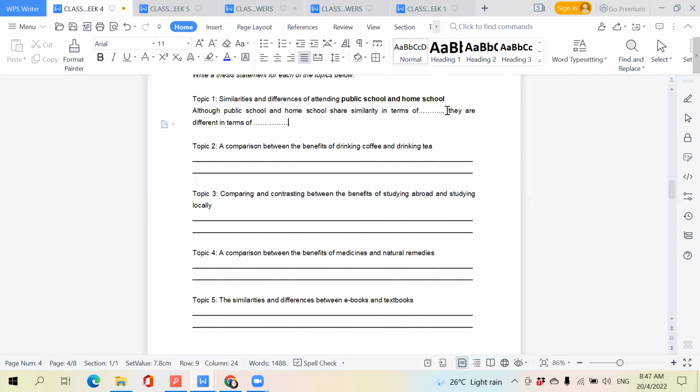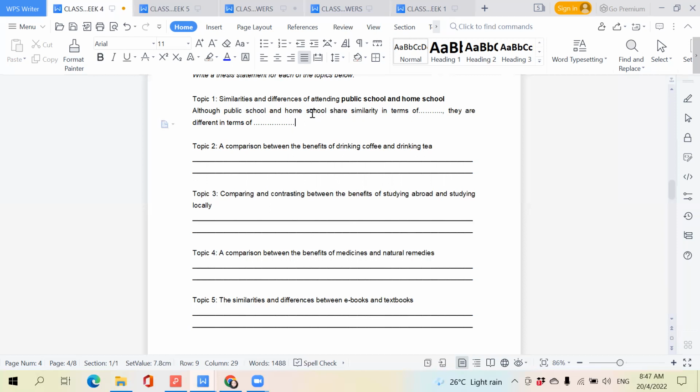So say specifically, what do you mean by they are different? What do you mean by they are similar? State specifically what you mean by those, and then you're done. So that is how you write your good thesis statement. First, make sure you have the subjects, and then the transition signal can either be at the beginning of the sentence or the middle part of the sentence, but never at the last part of the sentence.